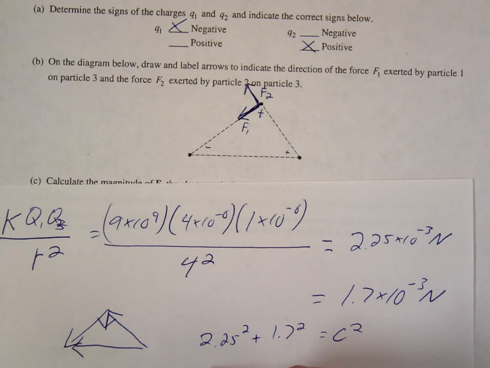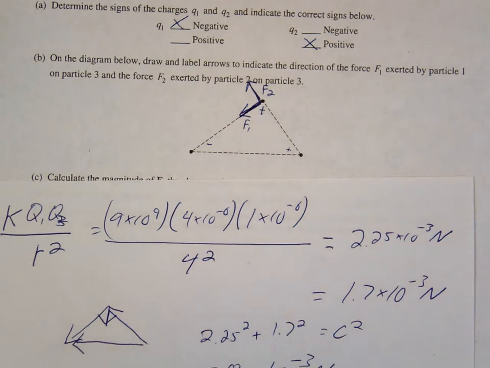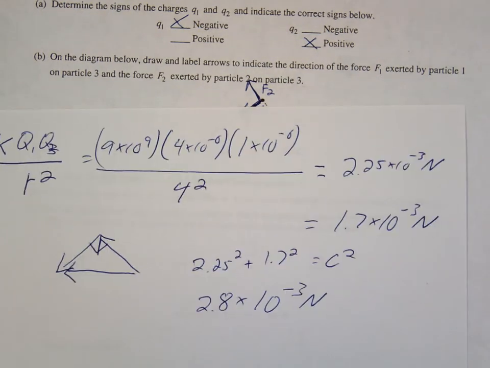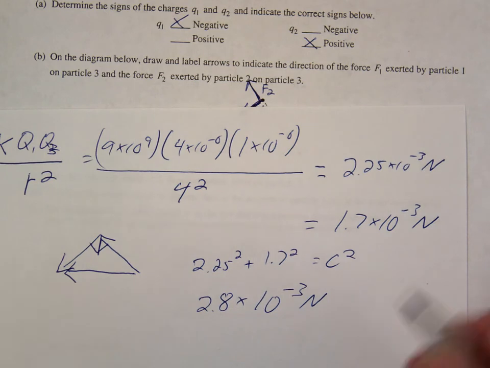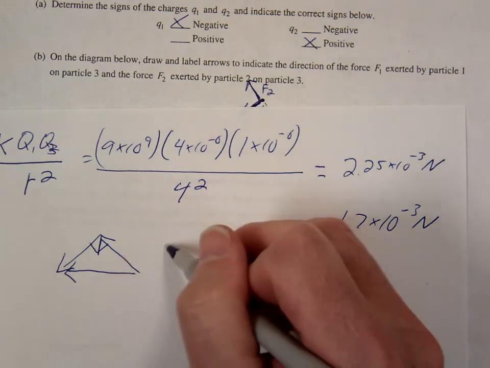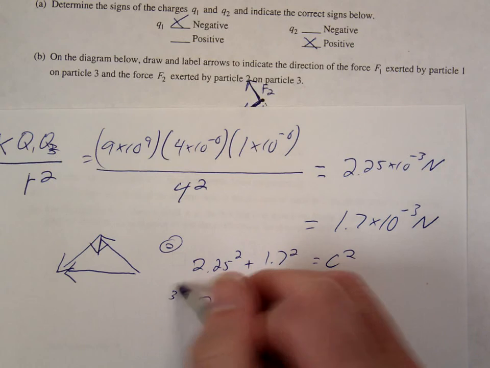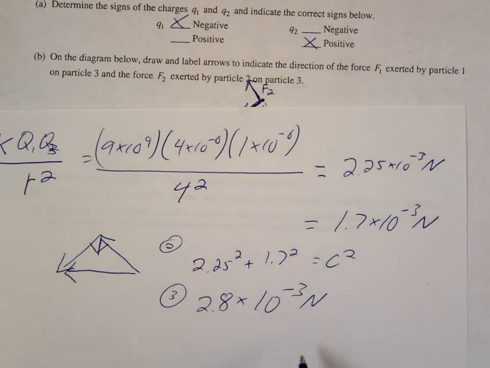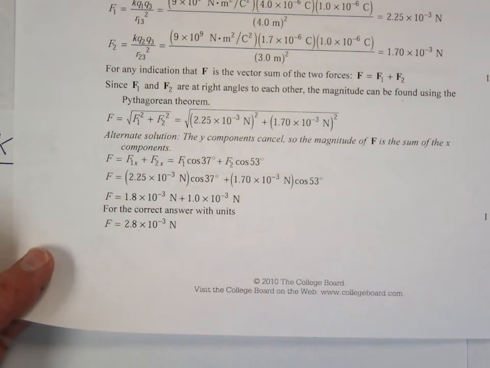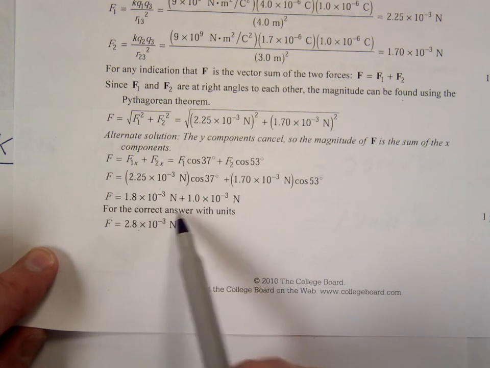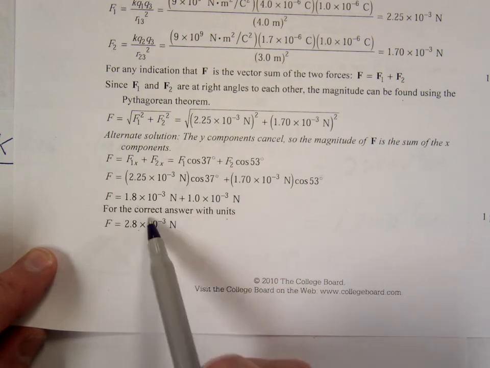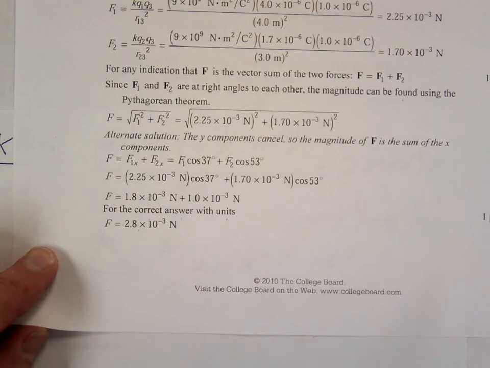And that is 2.8 times 10 to the negative 3 newtons. Okay, and that would be the second point for doing the Pythagorean theorem, and the third point for getting the right answer. Please note on the rubrics, a lot of the rubrics now are saying correct answer with units. So make sure you are placing your units on your answers.